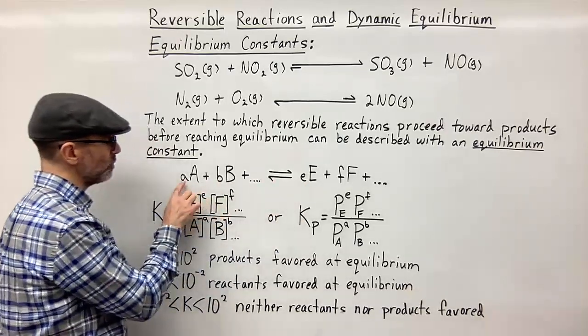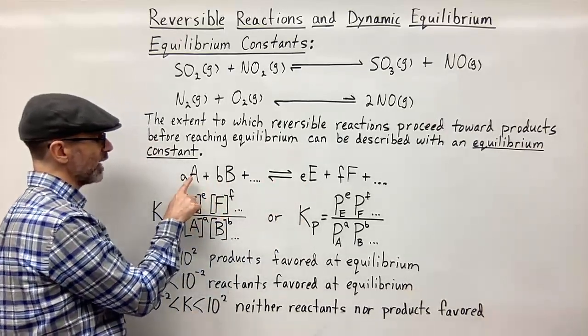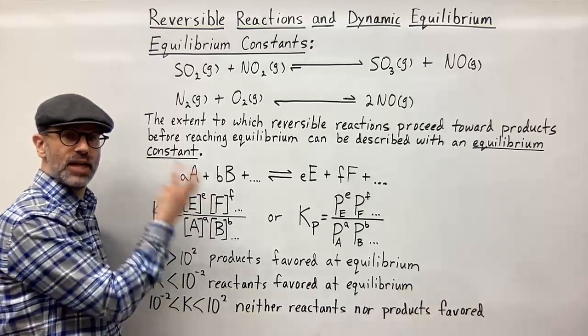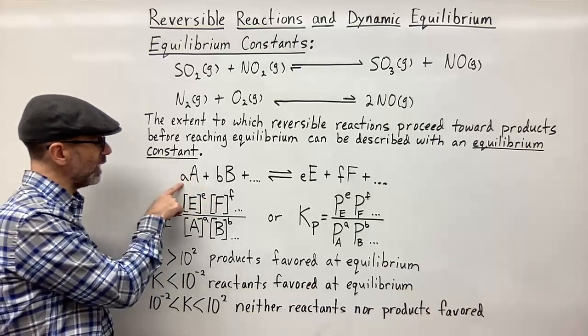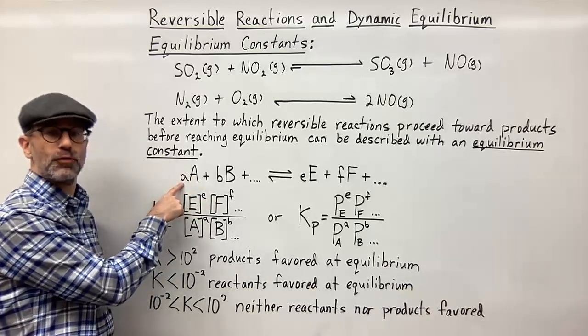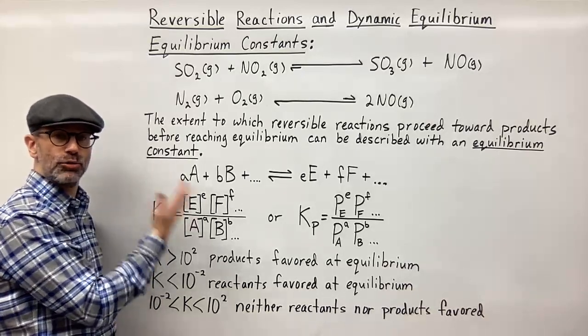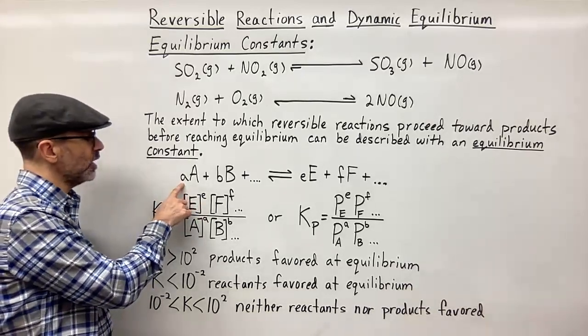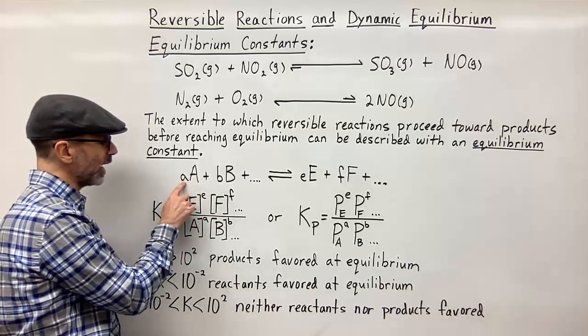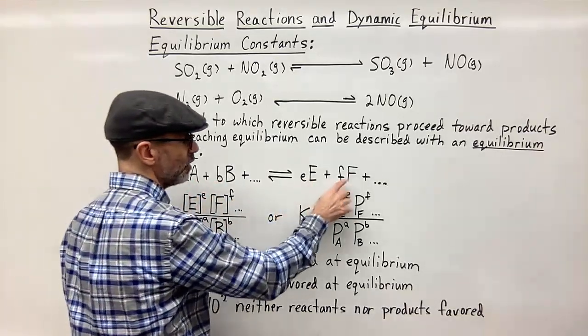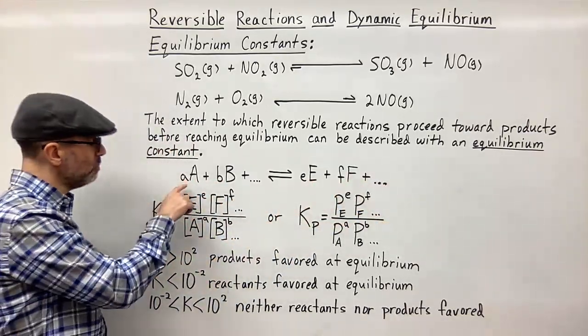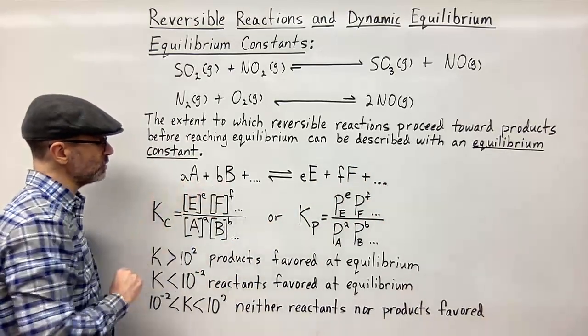So you'll see in my equation, I have a capital letter that represents the substance, the reactant, and the little letter represents the coefficient, the 1, 2, 3, whatever the number is. So the little letters a, b, e, f, g, and so on, these are your coefficients.